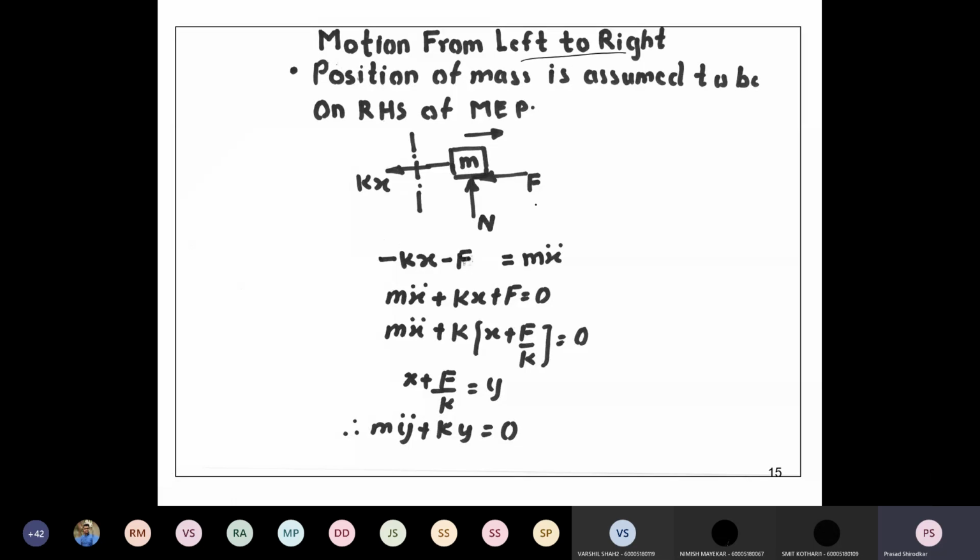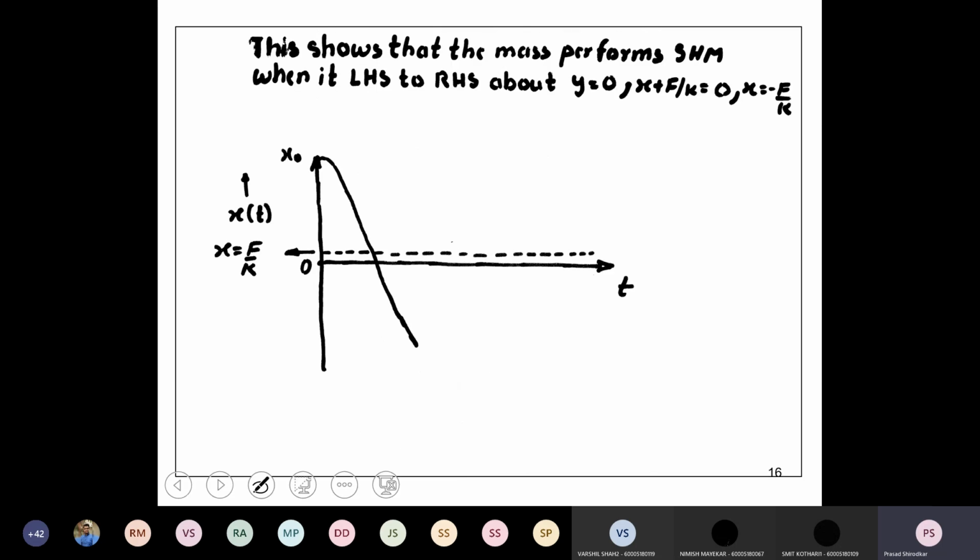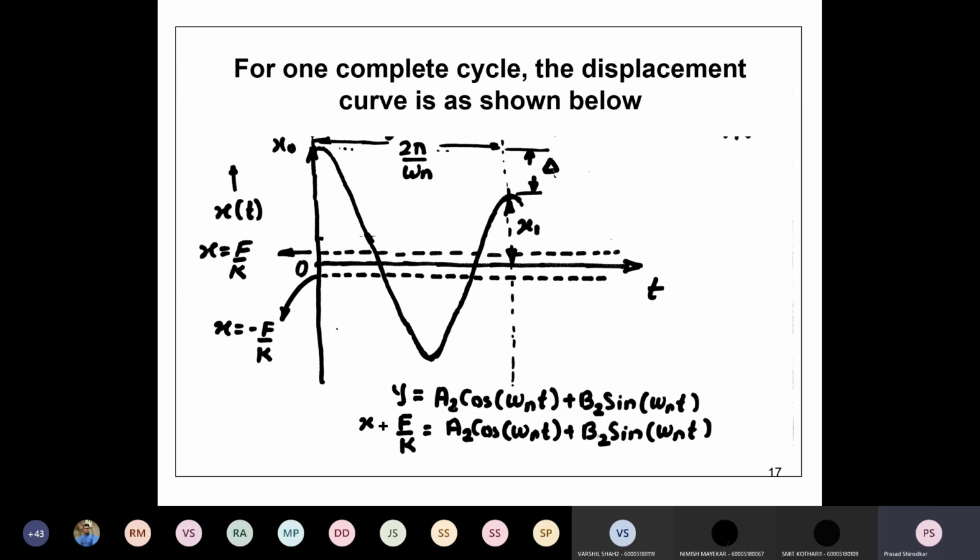Again, we solved for the governing differential equation. The only difference is that the direction of friction is now reversed. We got the governing differential equation. Now the SHM will be about the axis x is equal to minus f by k, and when we plot it, it looks something like this.